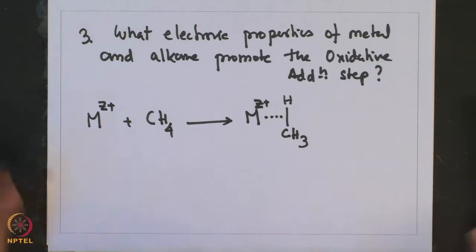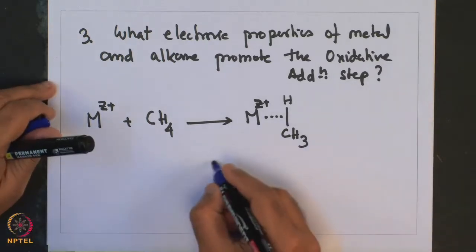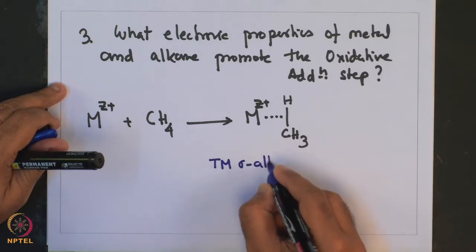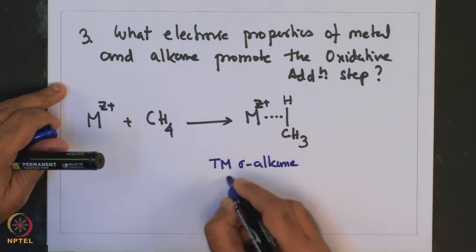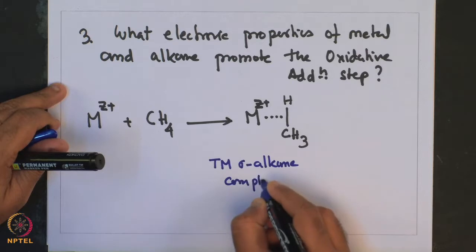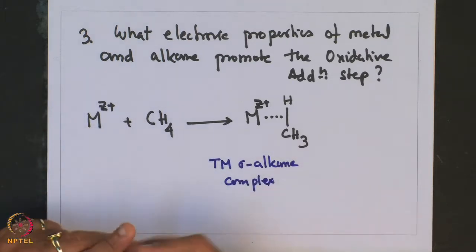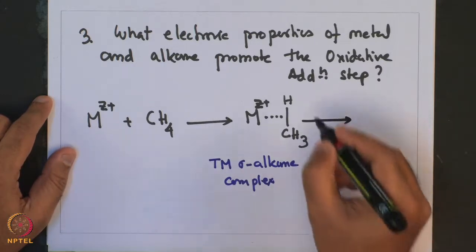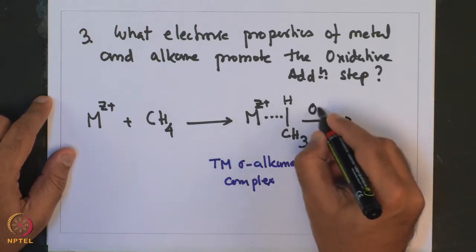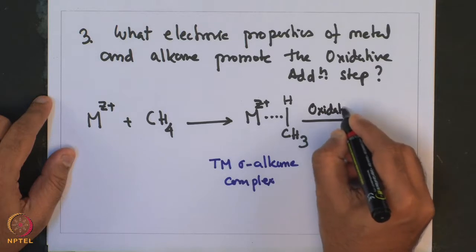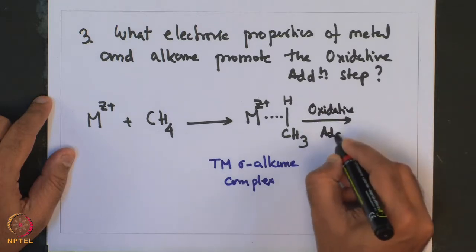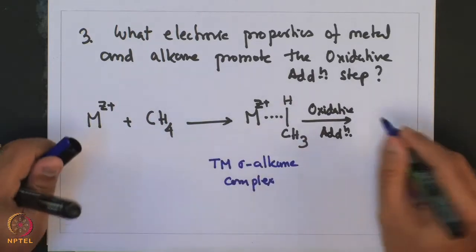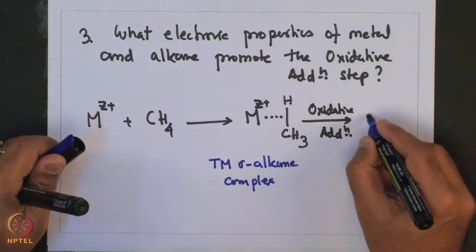This leads to the formation of the TM sigma alkane complex, which then undergoes oxidative addition to give the following transition metal alkyl complex.